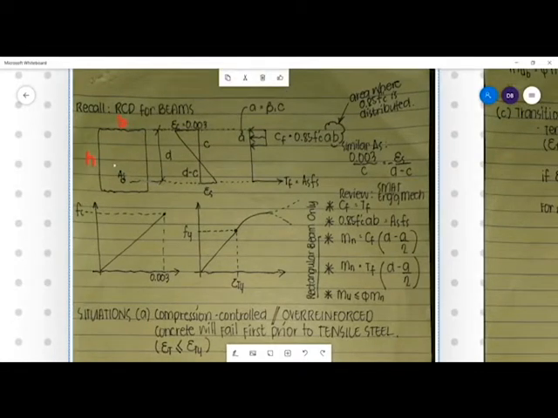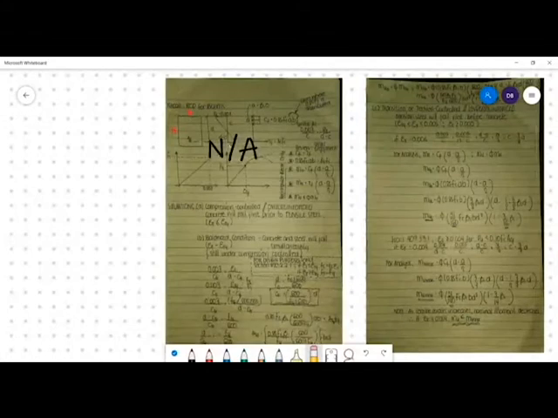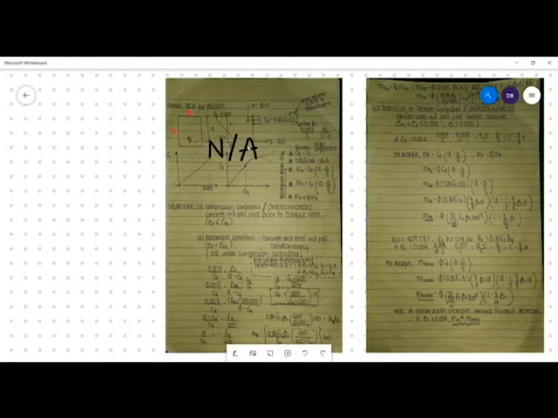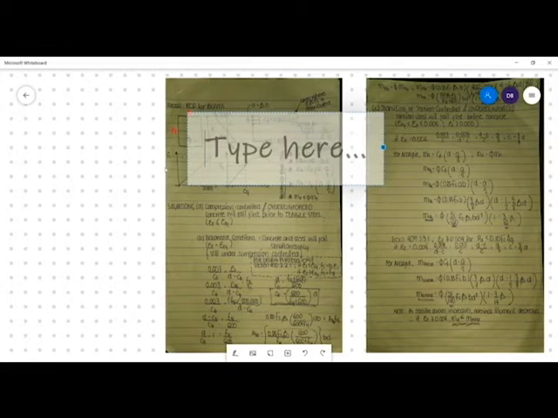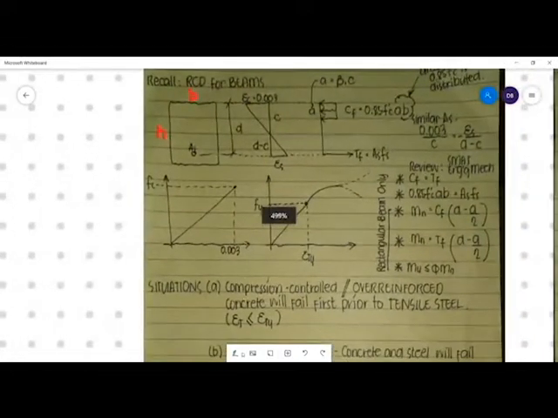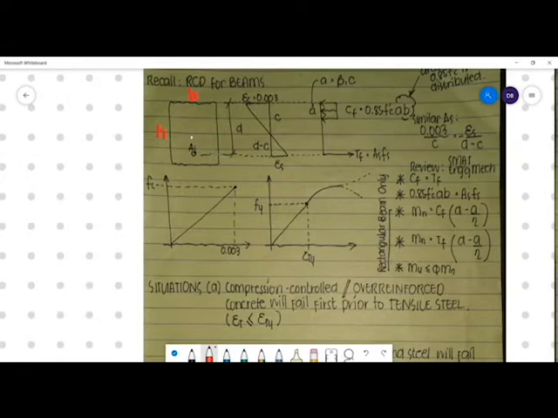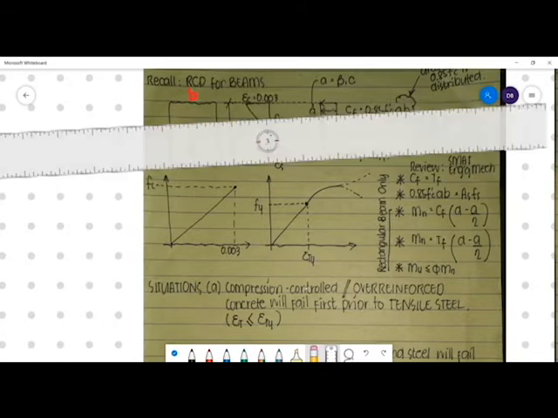Let's say this point is your neutral axis. Let me erase that.